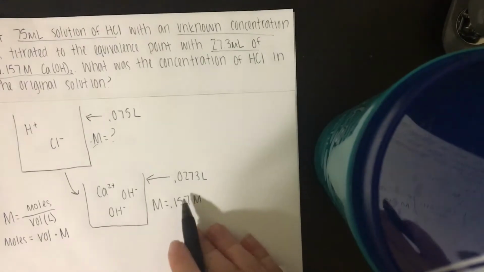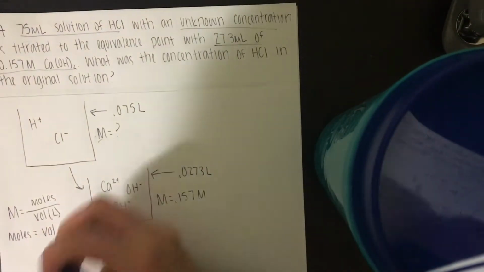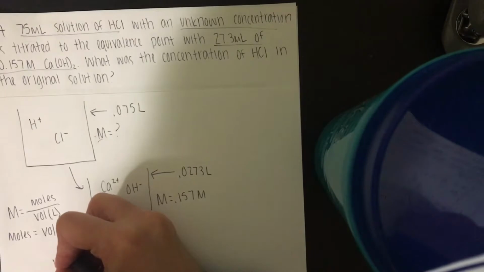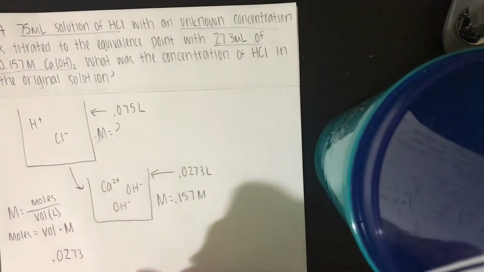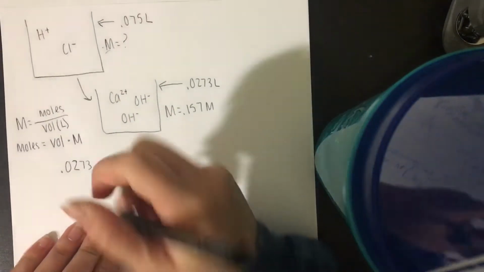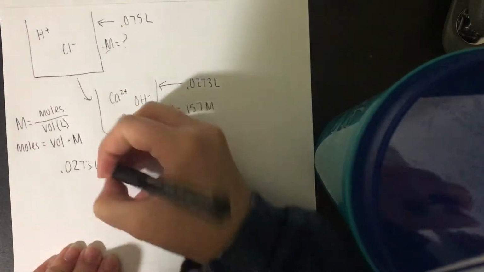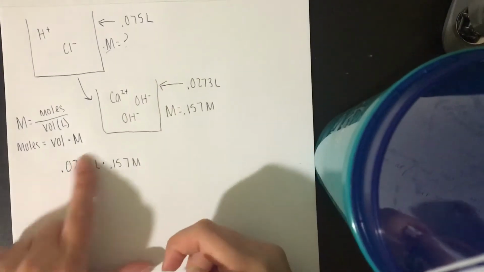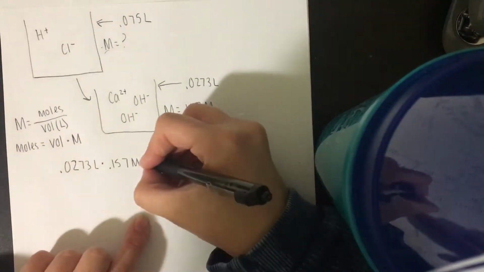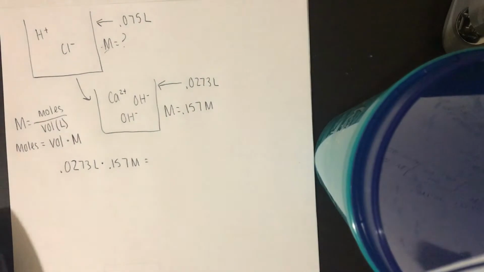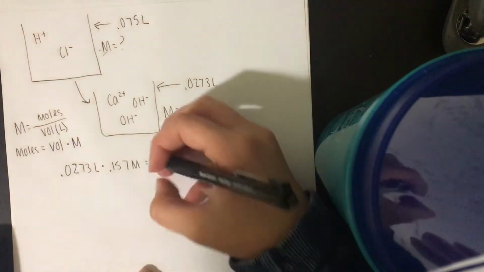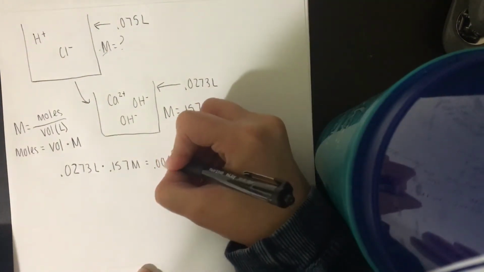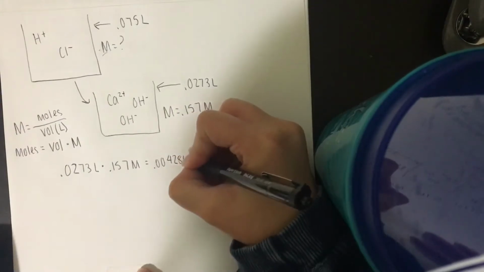So we have 0.0273 liters times 0.157 molar, which will give us the moles of calcium hydroxide. 0.0273 times 0.157 gives us 0.004286 moles.